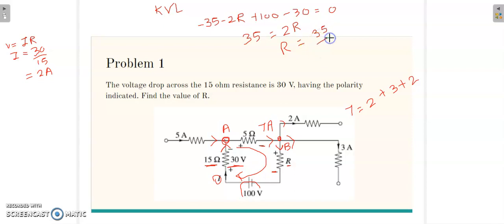R equals 35 by 2, which is equal to 17.5, and it is a resistor, so the unit will be ohms. So this is our answer. R is equal to 17.5 ohms. This is asked in the question and we have found it using KCL and KVL.